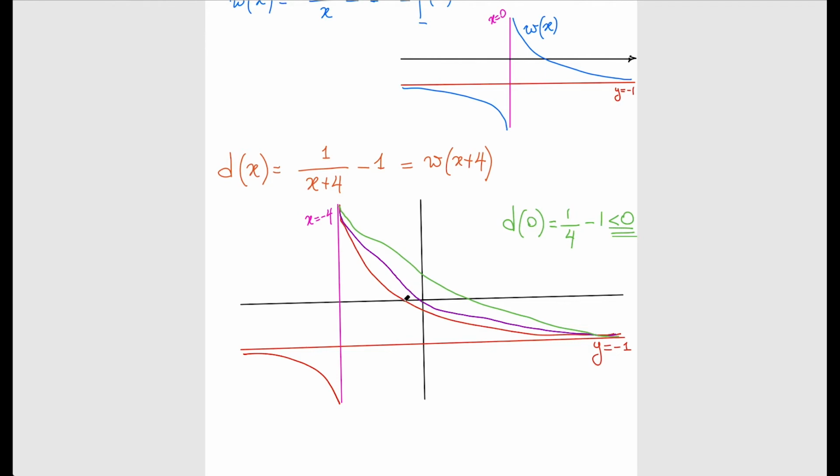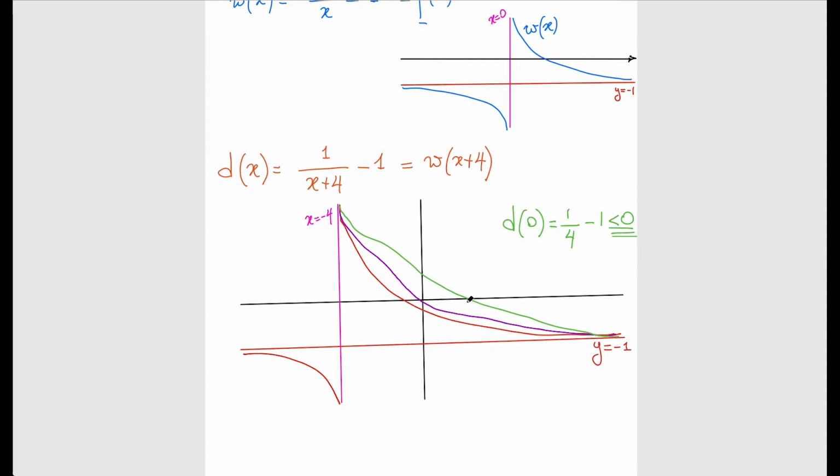Okay, so one more time, we had three possibilities. I know that the function starts here and ends here because it's a shift of this guy to the left by 4 units. The question is, where does it cross the x-axis? Is it on the positive side, negative side, or at 0?